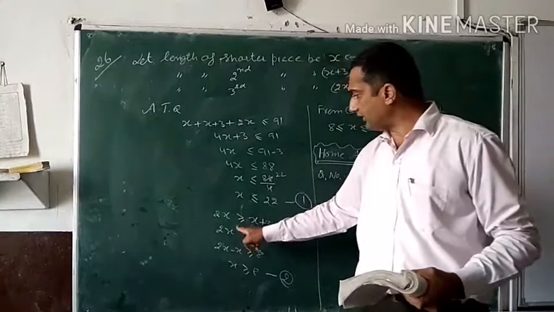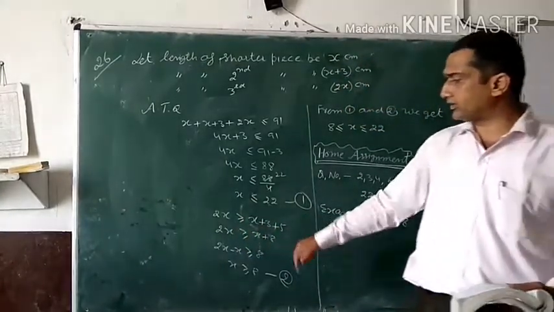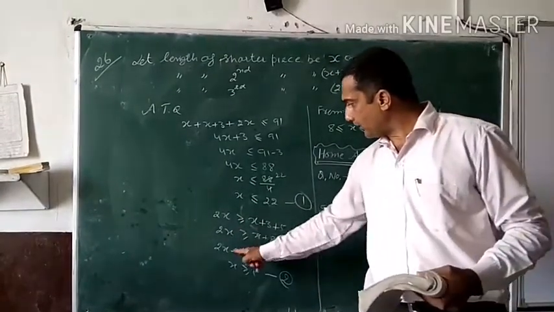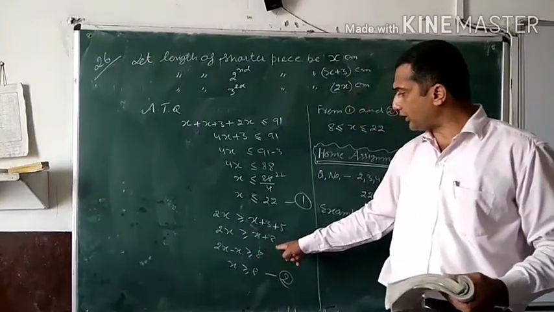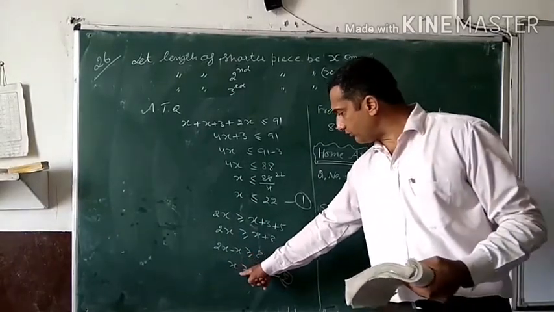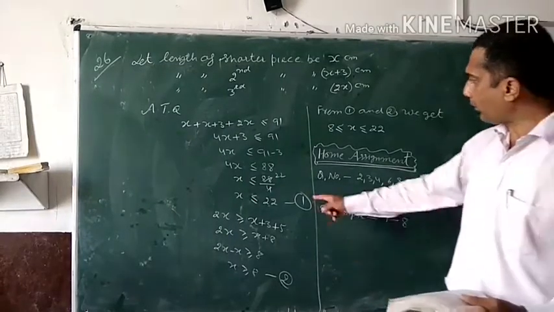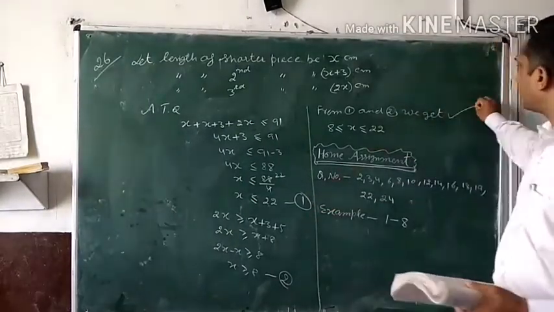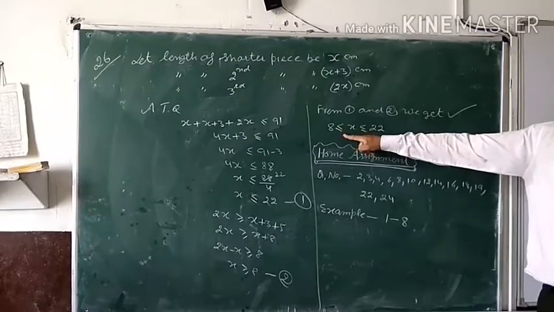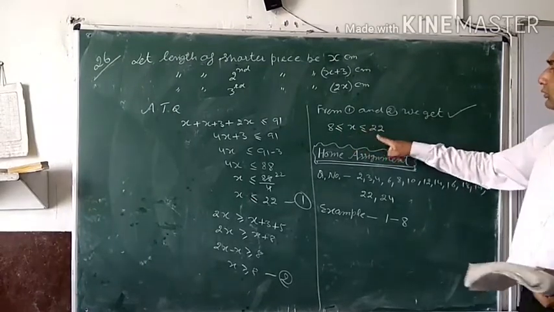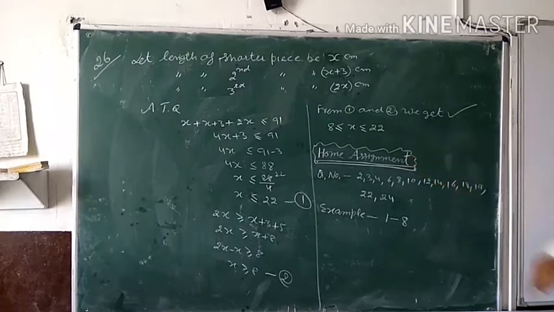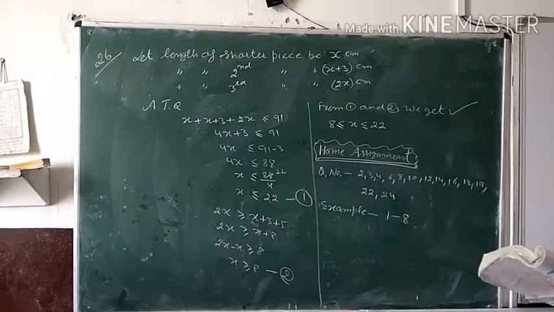So 2x is greater than or equal to x plus 8. 2x minus x greater than or equal to 8. After solving, we get x greater than or equal to 8. From 1 and 2, we get 8 less than or equal to x less than or equal to 22. So this is the last question of exercise 6.1.